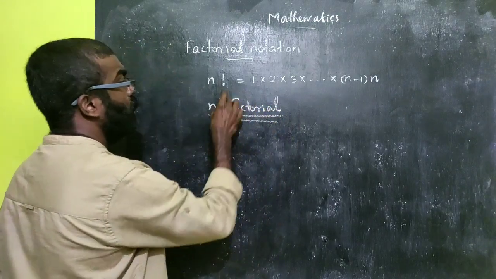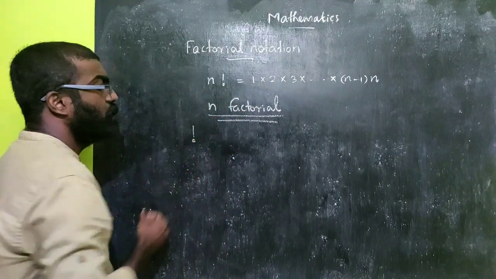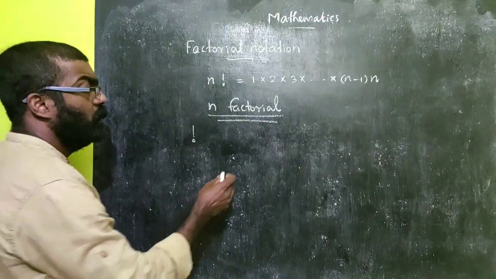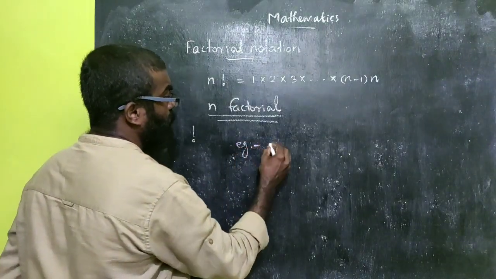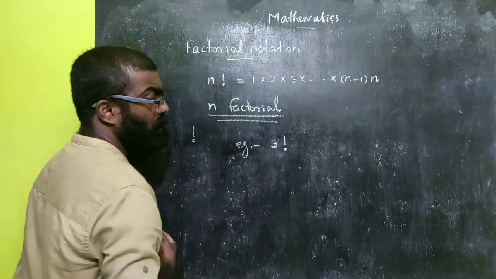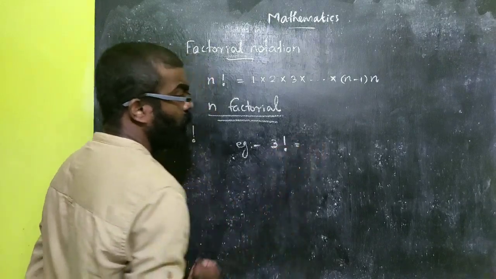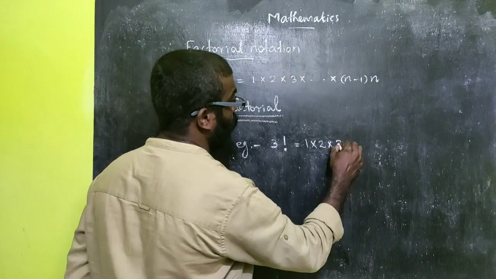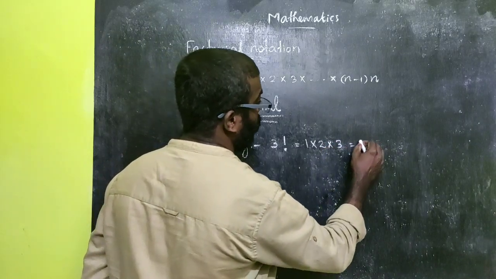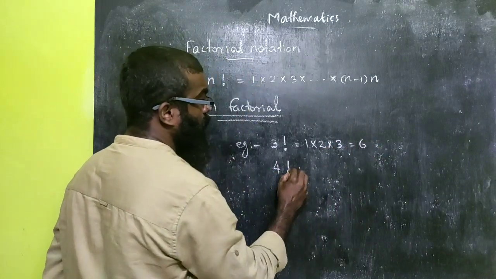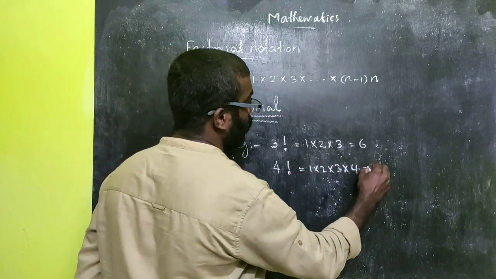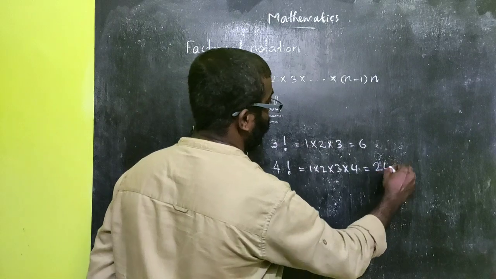In mathematics, this symbol is used to denote factorial. For example, this is 3 factorial. And by 3 factorial, we mean the product of first 3 natural numbers, 1 into 2 into 3, which is equal to 6. And 4 factorial, 1 into 2 into 3 into 4, which is equal to 24.